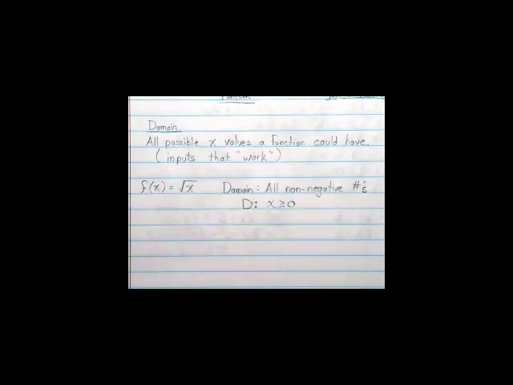Now, I'm going to teach you guys a different way to write that inequality for domain that is a little bit more the standard as you move into upper level math, and that's called interval notation. So I want to pause this domain discussion for a second and talk about interval notation so we can start using it.